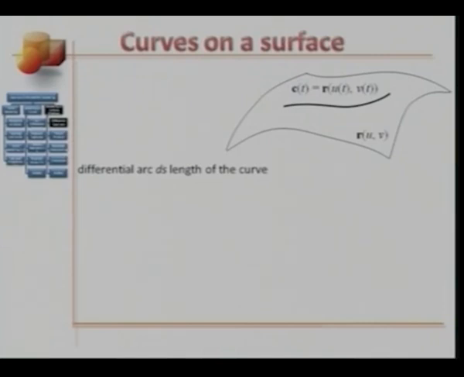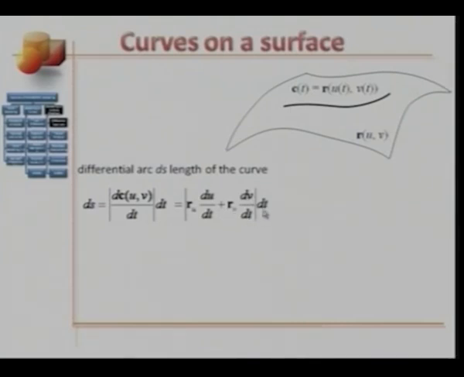Let's now compute the differential arc length ds over a portion of this curve. Now ds is given by the absolute value of total c over total t times dt. Now dc over dt can be written as r sub u times du over dt plus r sub v times dv over dt.